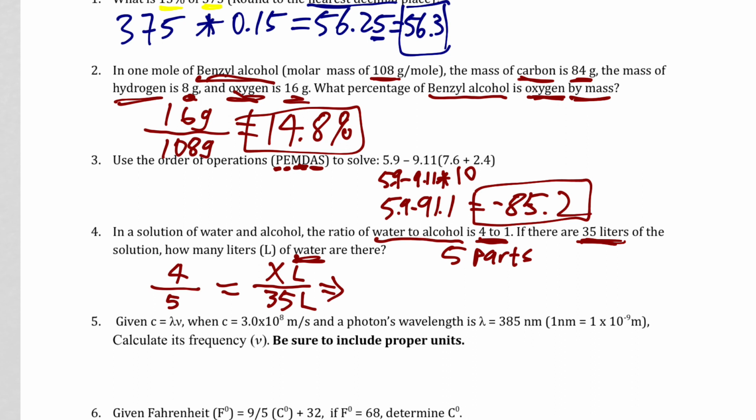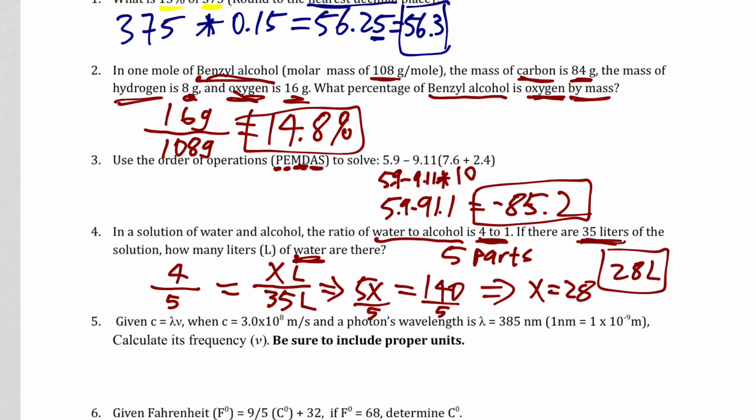So you get 5x equals 4 times 35, which is 140. Divide both sides by 5, and the answer should be x is equal to 28. So it's about 28 liters. That is roughly what it should be.